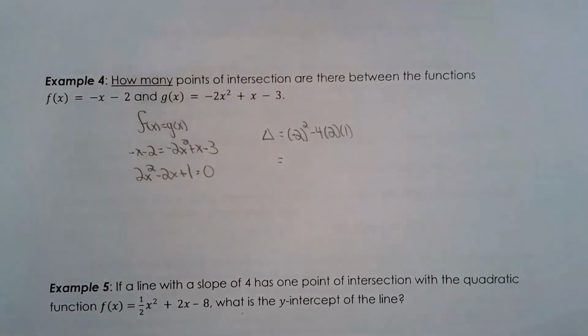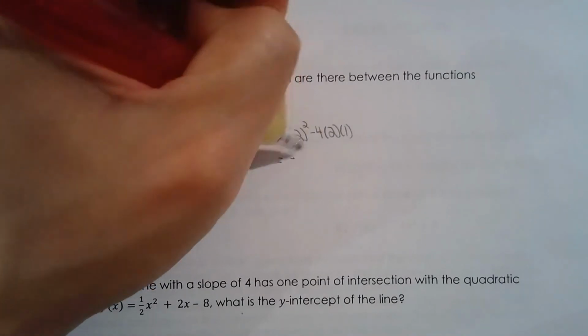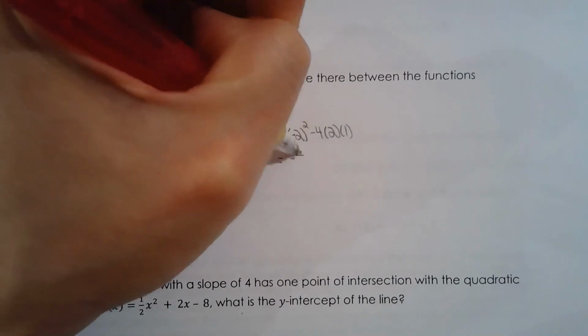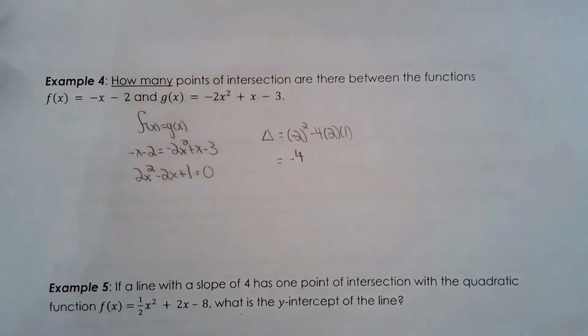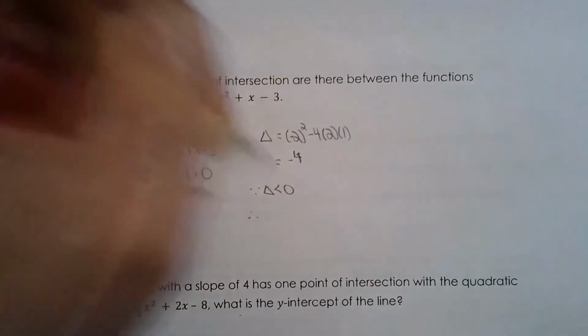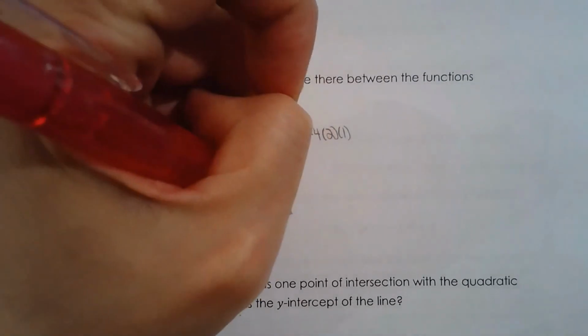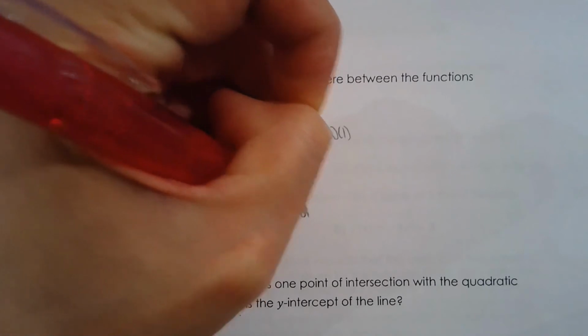Ooh. Really? Nope, it's not what I thought it was. So this is 4. 4 minus 8 is negative 4. So since the discriminant is less than 0, therefore 0 points of intersection.